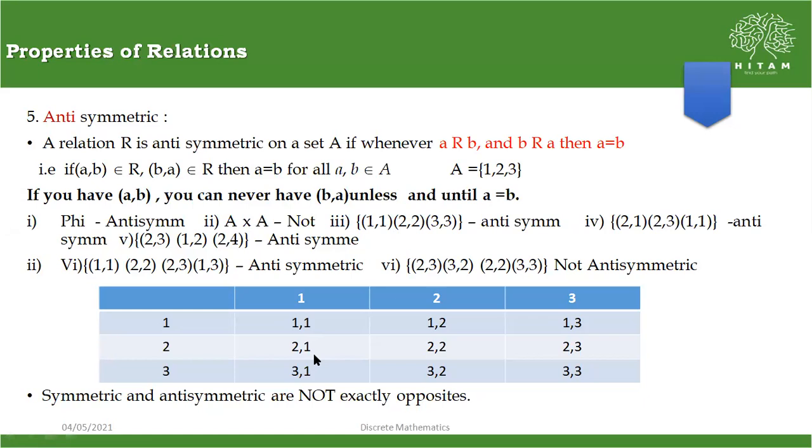For example, 2 comma 3 and 3 comma 2 should not both be there. Those are the types of relations we call anti-symmetric. So at last I mentioned that symmetric and anti-symmetric are not exactly opposites. Asymmetric is exactly the opposite, but anti-symmetric is not exactly the opposite. That's the most important point, guys.